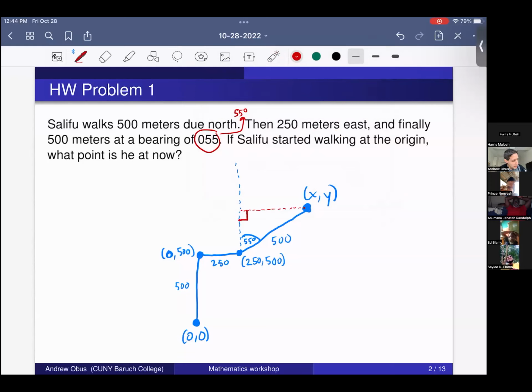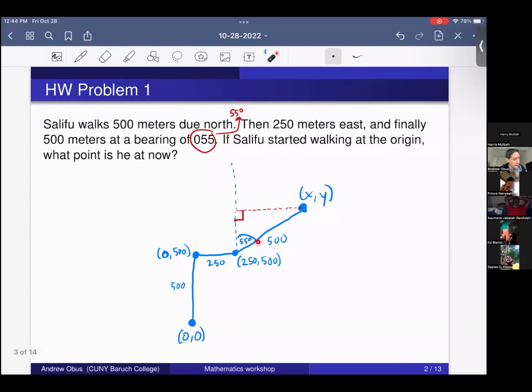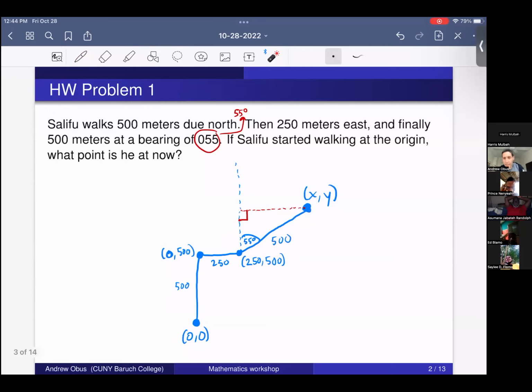Usually if you have a line that you're walking along or driving or flying or navigating a boat, then that line will be the hypotenuse of the right triangle. One of the other sides will be the north-south line, and the other leg will be the east-west line. So we have this triangle with an angle of 55 degrees over here, and with one side equal to 500 meters. So what can we figure out?